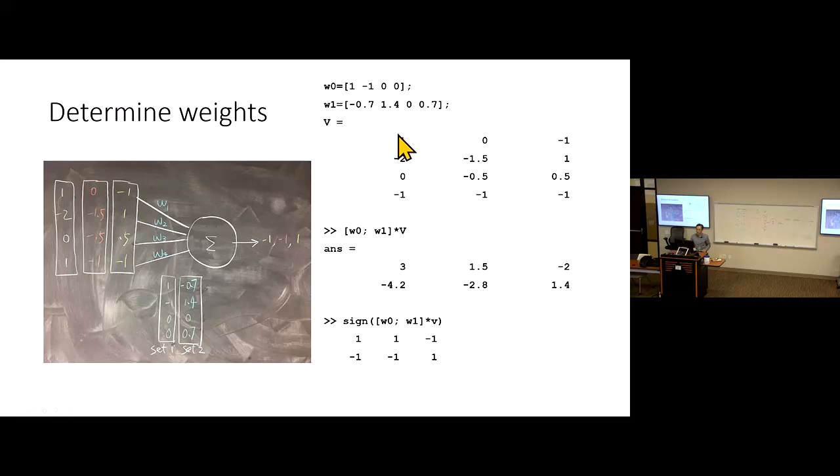That's the input. So you see these three vectors, and these are two sets of weight combinations. If you do the dot product, this will test both sets of combinations, give you this result, and then the sum.